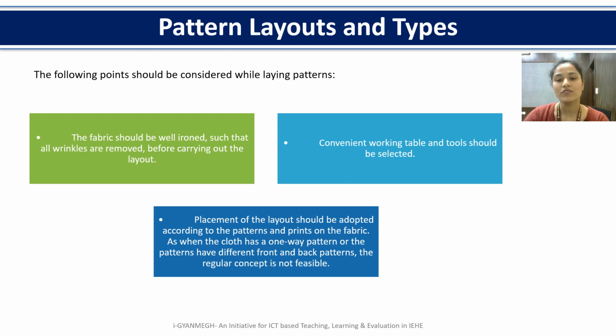There are a few major points that have to be considered while laying patterns on the fabric. The fabric should be wrinkle free. That is, it is important to press the fabric without any wrinkles before laying the patterns.